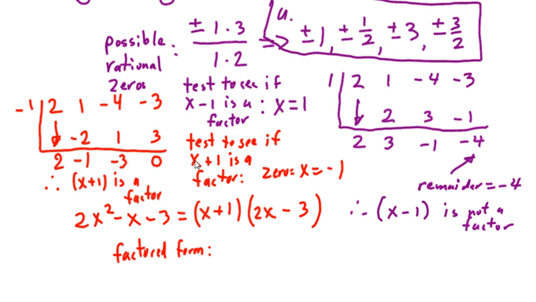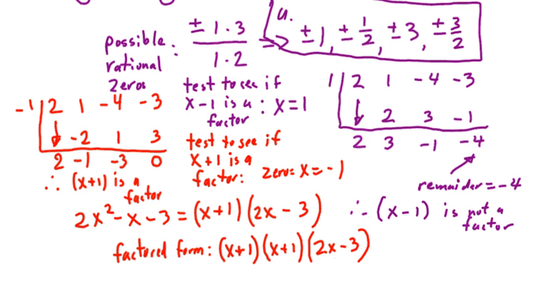So, factored form. We found that x plus 1 is a factor. So we have x plus 1. And then the factors of what's remaining here: we had x plus 1 also, and then we had 2x minus 3.